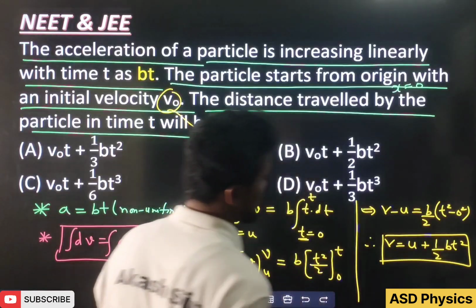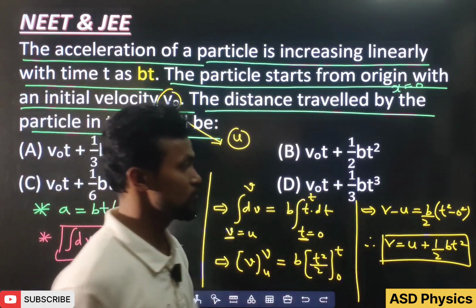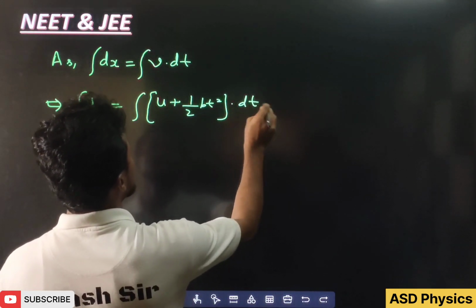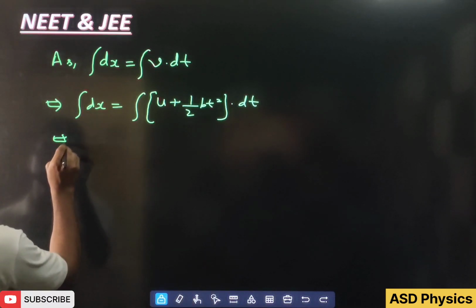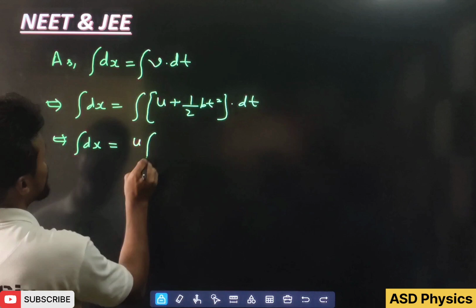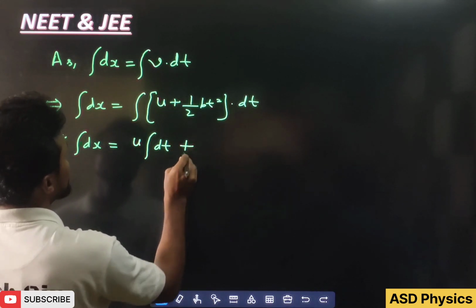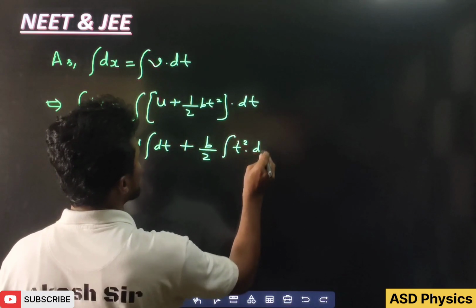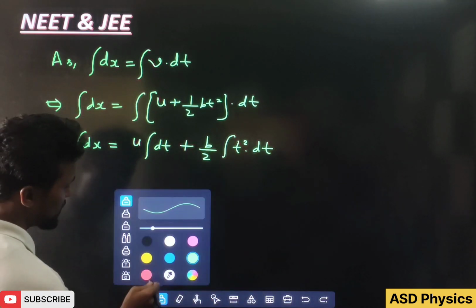Now I will go carefully, otherwise mistakes may happen. So u plus half bt square, and here it will become dt. Now we'll separate it here. Integration of dx is equal to u integration of dt plus b by 2 integration of t square dt. We are just simplifying this.